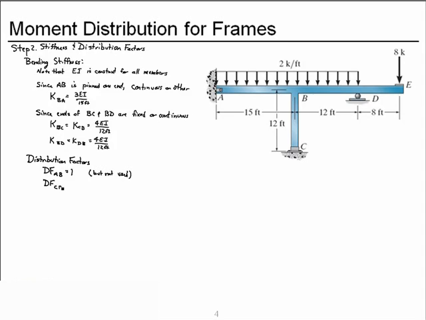At node C of member CB, the stiffness is 0 because it's a fixed support. The distribution factor at node D and to member DB is 1 because we said the stiffness of member DE, the cantilevered end, is 0.